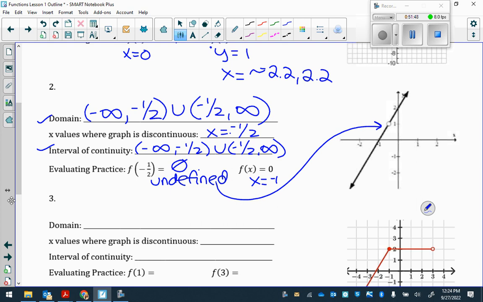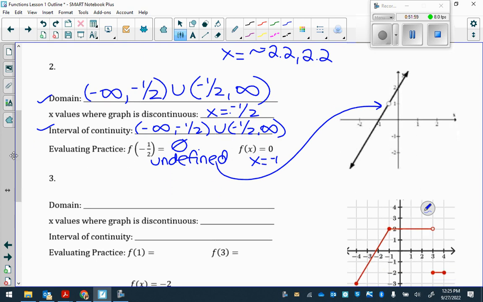So wait, for the evaluating, you just do it by looking at the graph? Yeah. Because we don't have an equation. So when you see this notation, x is equal to 1/2, you're trying to find y. Here, when y is equal to 0, what is x?